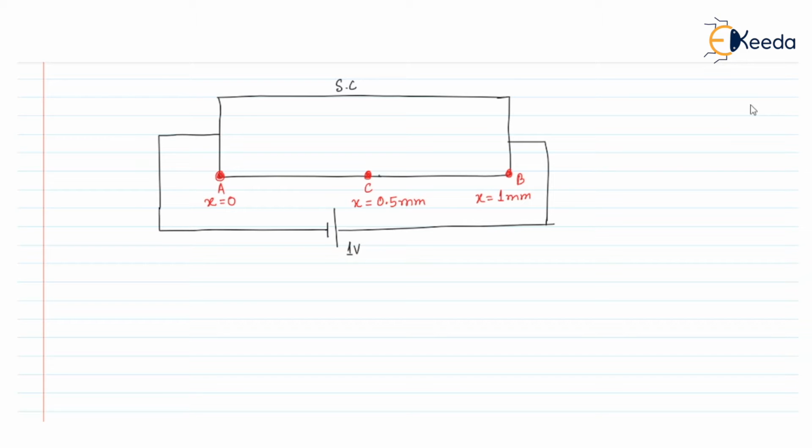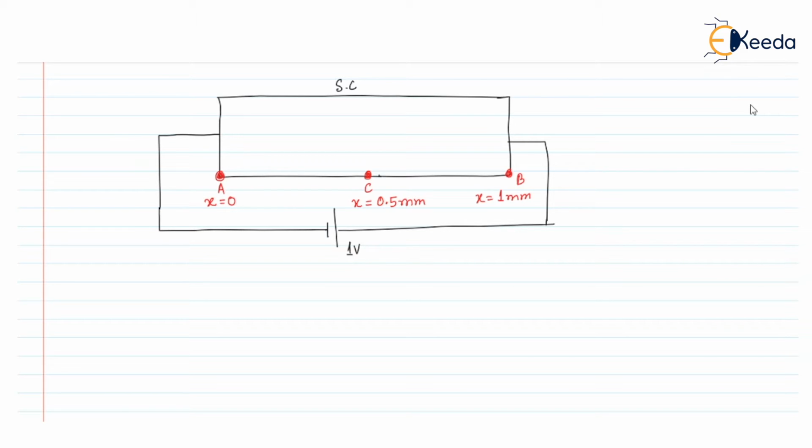So these are the 3 points situated at different positions: point A has a position value of x equals 0, point C has a position value of 0.5 millimeter, and point B has a position value of x equals 1 millimeter.